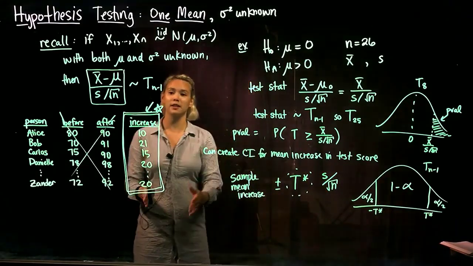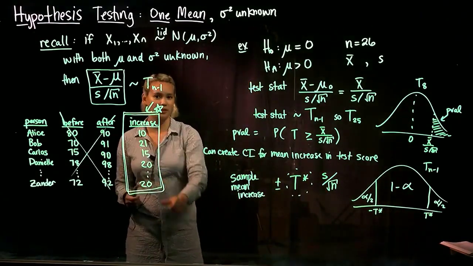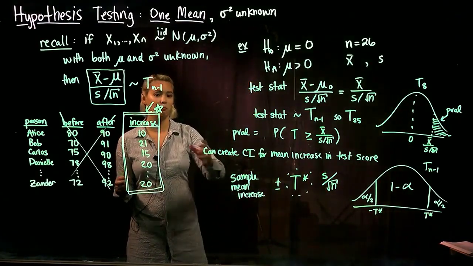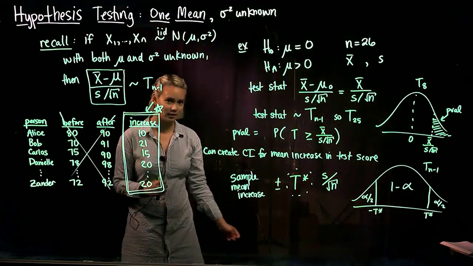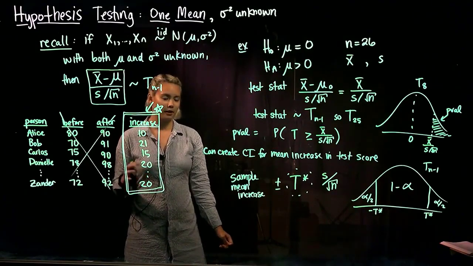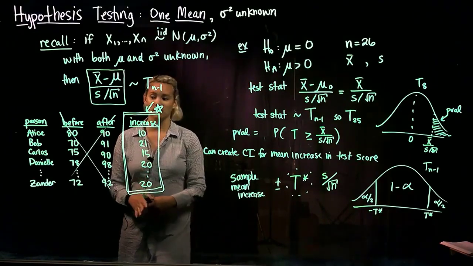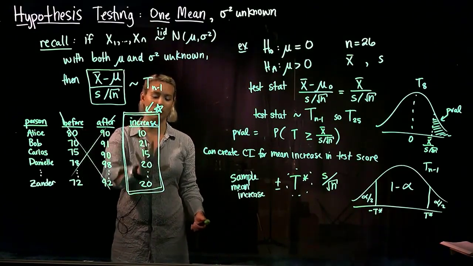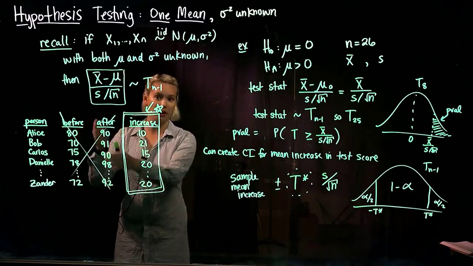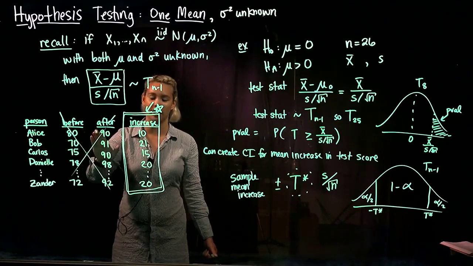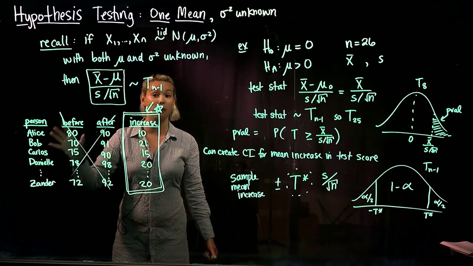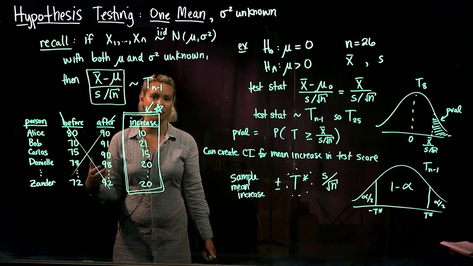So in other words, when we have paired data, go ahead and just find the difference, and that is what you use to do a confidence interval or a hypothesis test. You do not want to just ignore the increase and ignore the pairing of the data. If we just kept this as before and after and ignored that they were from the same person, we would be losing a lot of information.